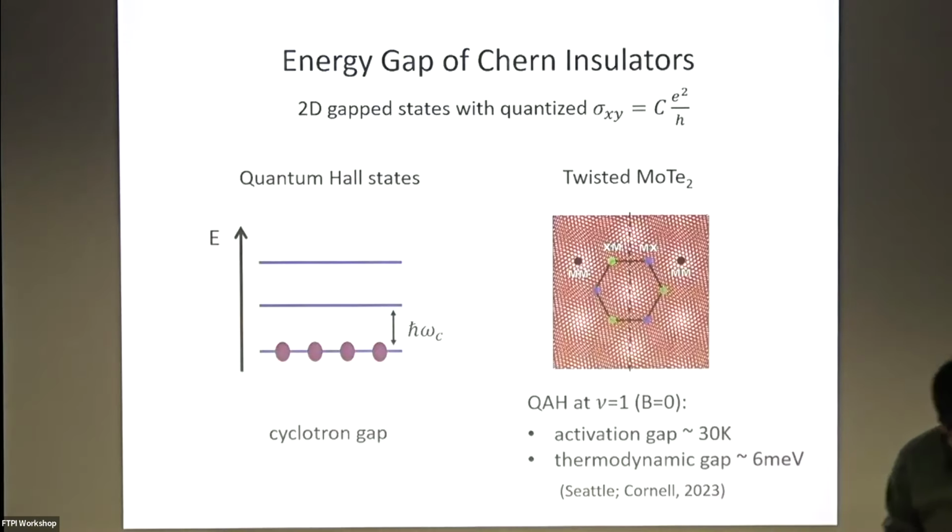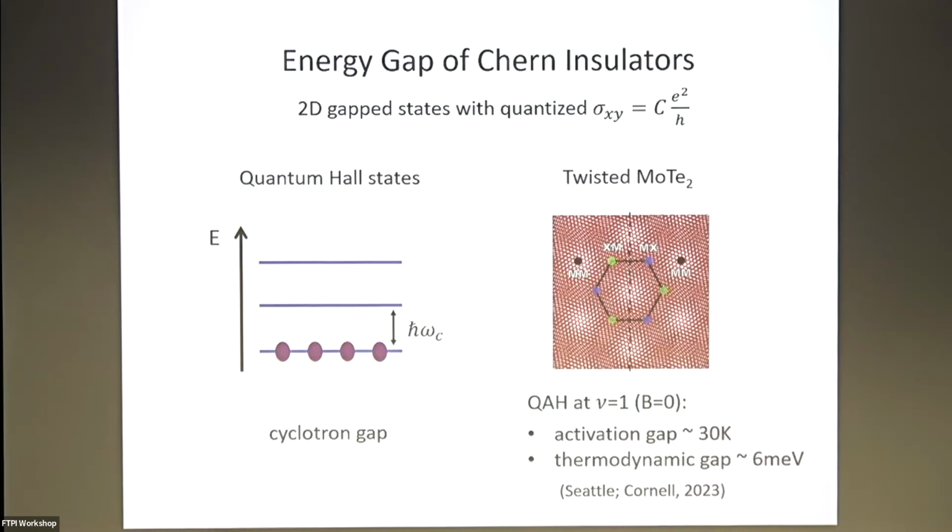Of course, the study of topology in condensed matter physics started with the discovery of the quantum Hall states in the magnetic field in the 1980s. This is what I'm going to focus on today. The first part of this talk is about two-dimensional systems.